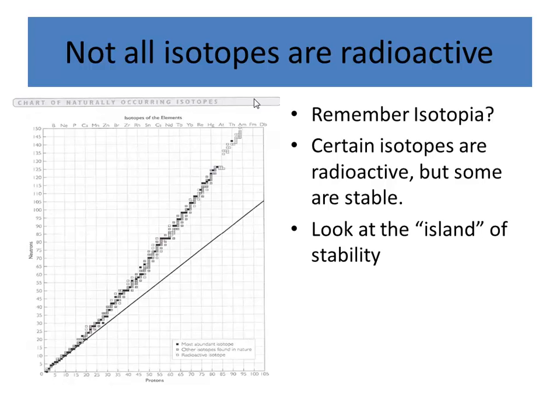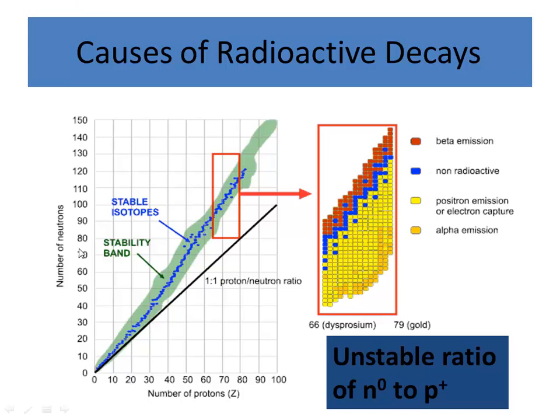So moving forward, you don't have to copy this down. What causes radioactive decay is you have an unstable ratio of neutrons and protons. If you look up, this line represents 1 proton per neutron.